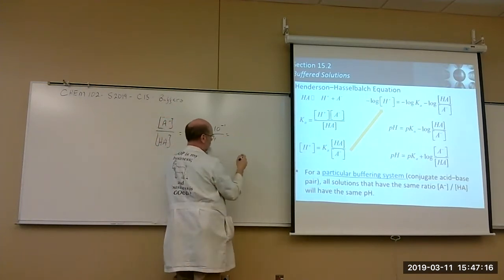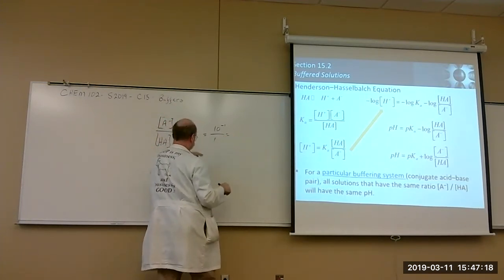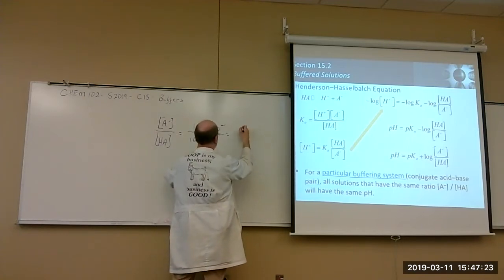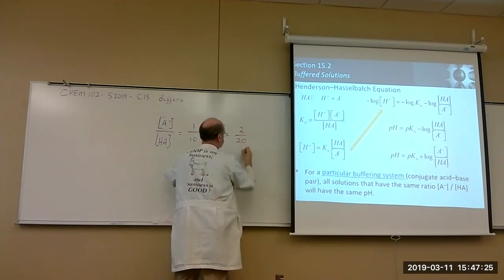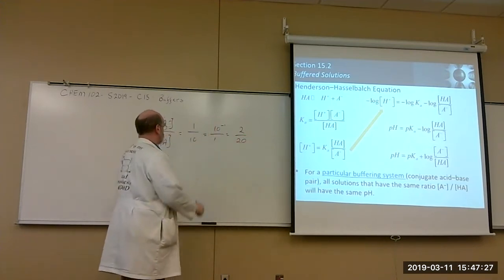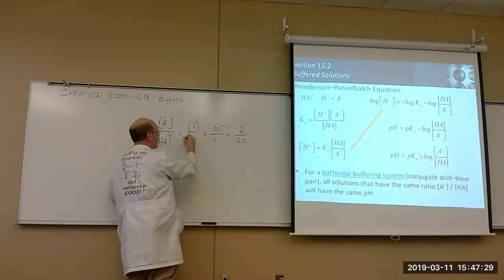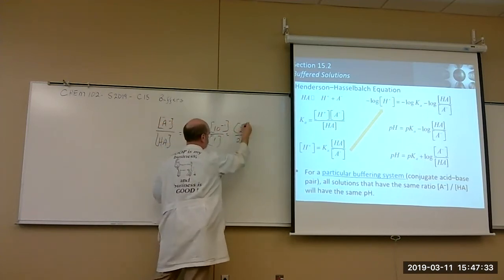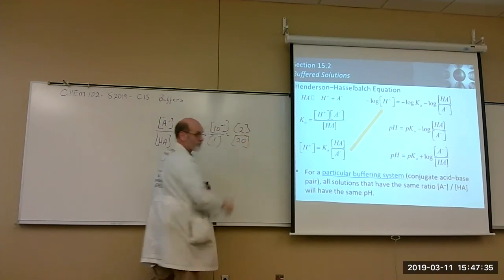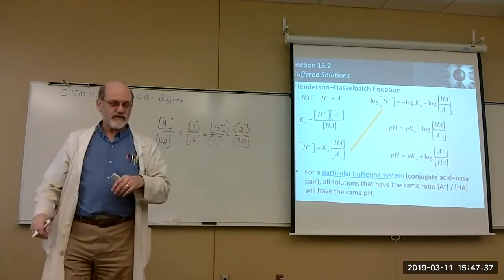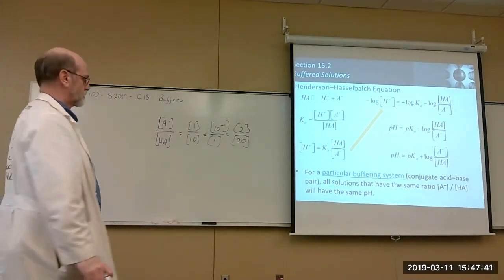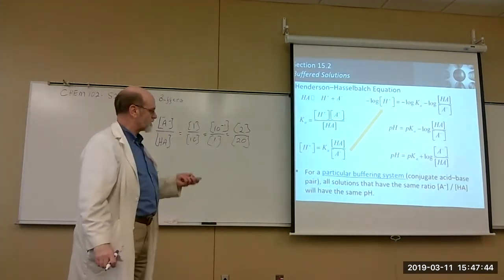Or it would be the same thing as, let's take something else, go up the other direction, 2 to 20. So if these were equilibrium concentrations, then your pH, the buffer pH, would be exactly the same. All that matters is that ratio.